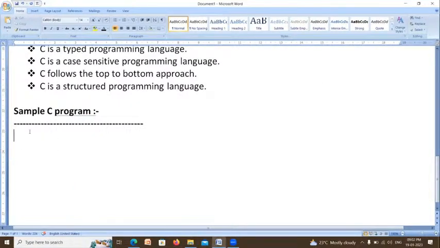Yes, sir. Okay, good. Now, how to write a sample C program? Whenever you are going to write a program, the first line you have to write is hash include stdio.h. After that, we have to write void main.